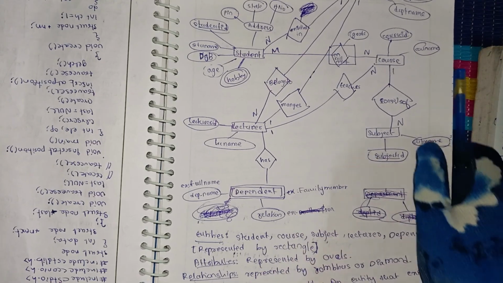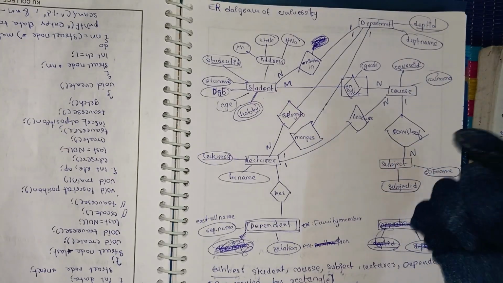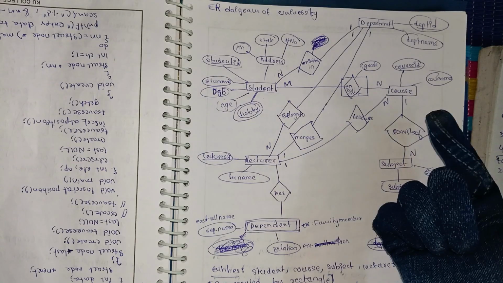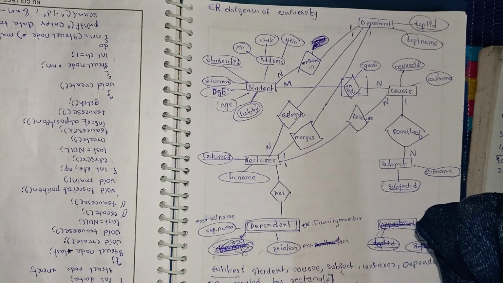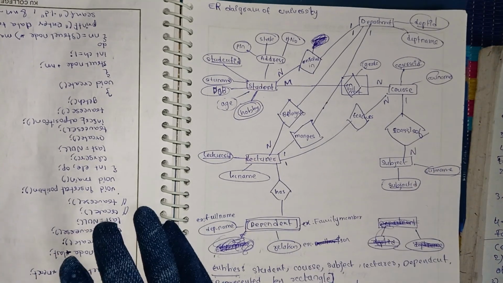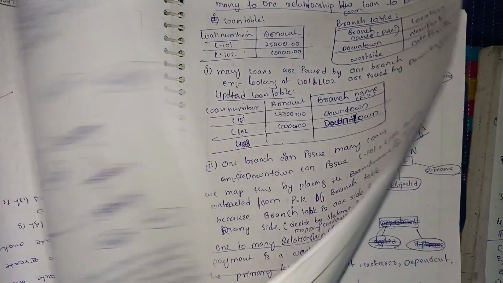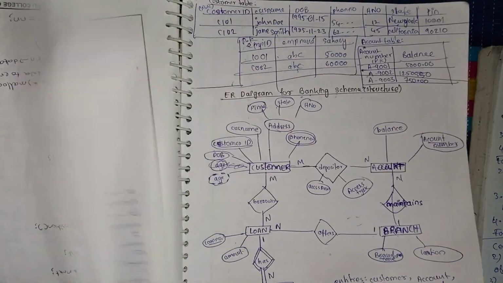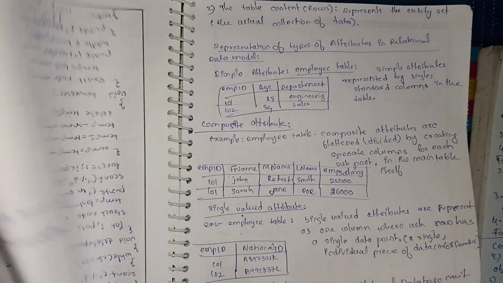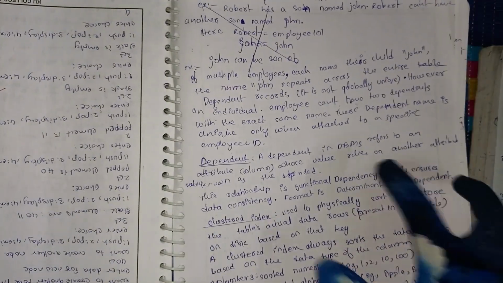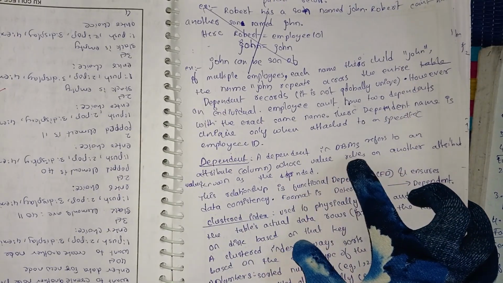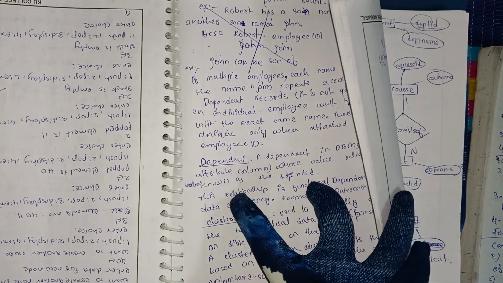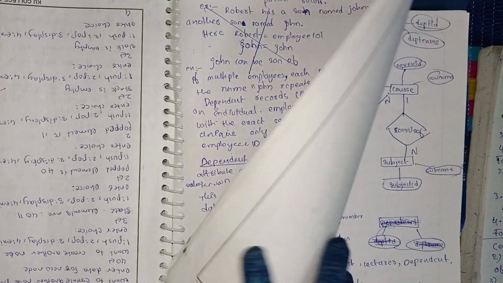Dependent means an attribute whose values depend on other attributes. So a dependent in DBMS refers to an attribute whose values rely on another attribute's values, known as the dependent.